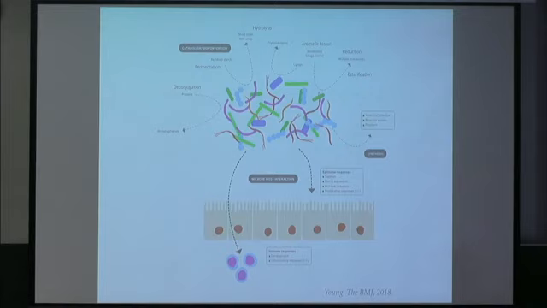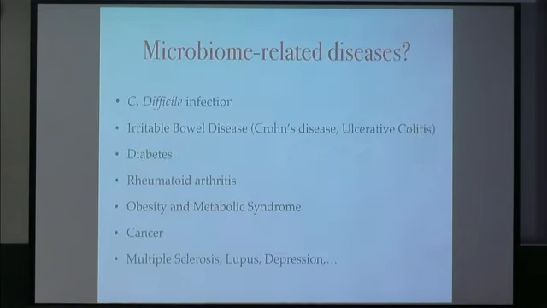So what happens when the microbiome goes awry, when there's an imbalance from the natural state of the microbiome? Well, you get a number of diseases that are associated with microbiome imbalances. One of the most dramatic examples is infection with a bacteria called Clostridium difficile.